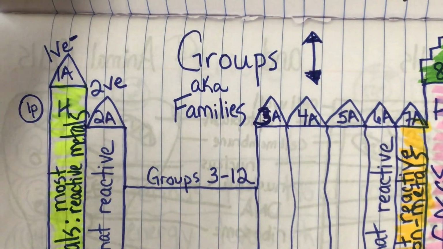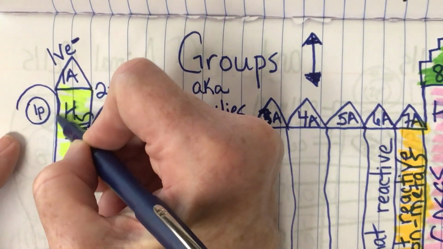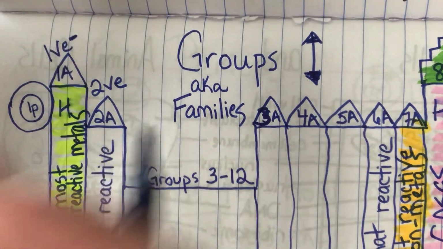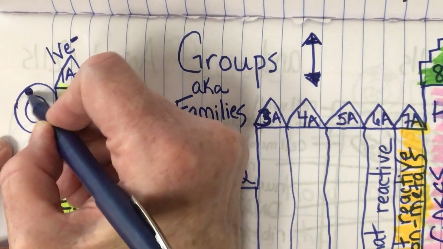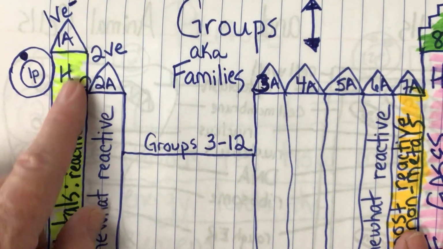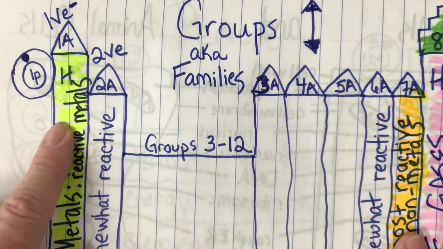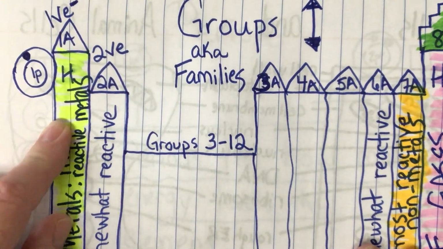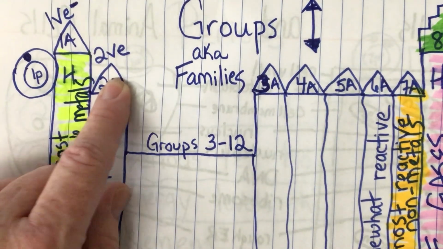If it's got 1 proton, how many electrons will it have? We've got to balance it out with an electron. So we're going to have 1 valence electron. If we did a Bohr model for all of these elements, they would have 1 valence electron. These guys, if we were going to draw a Bohr model, they would have 2 valence electrons.